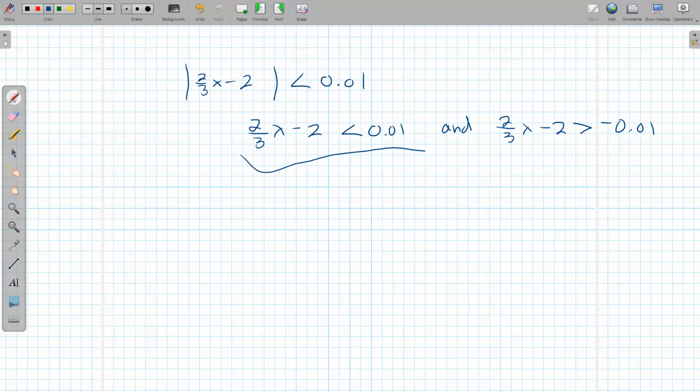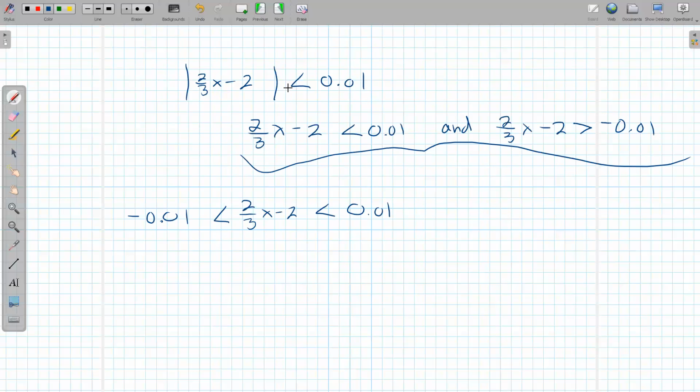And if you put those two together, the cleaner way to write it is that 2/3 x minus 2 ends up being between 0.01 and negative 0.01. So it might have been a long time since you did that in an algebra class.